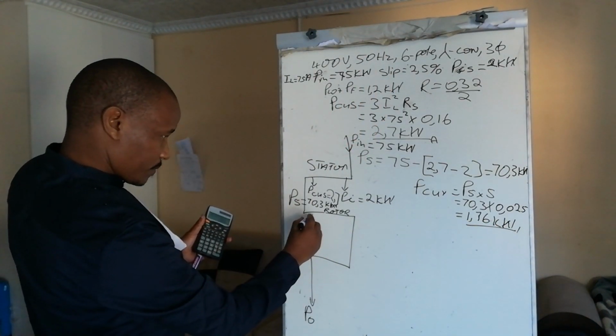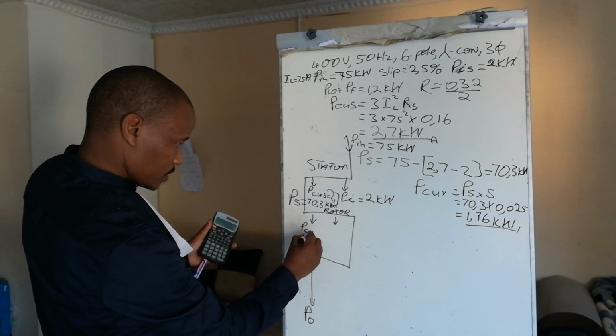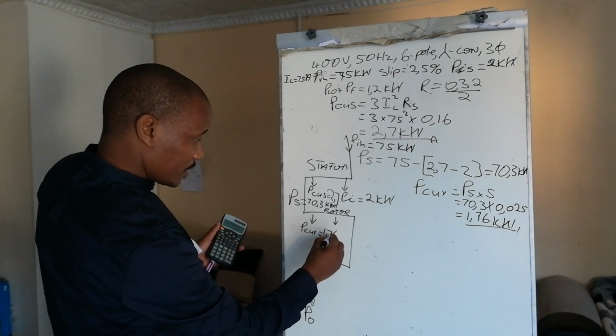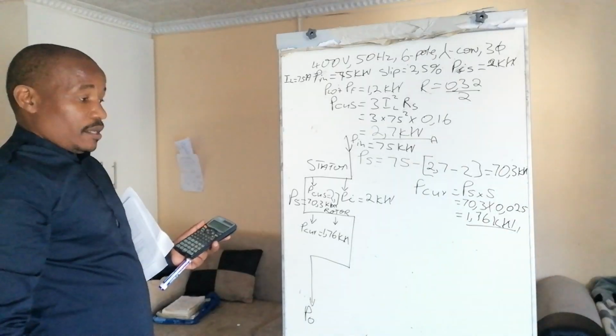Here the rotor copper losses is 1.76 kilowatts. Right.